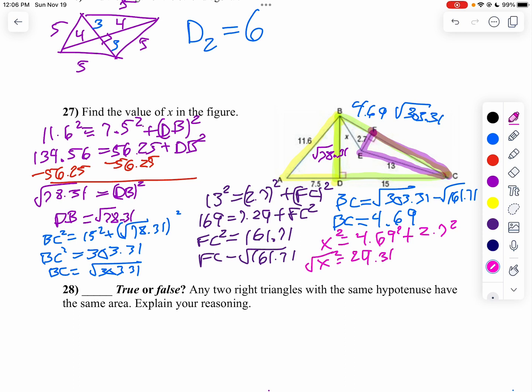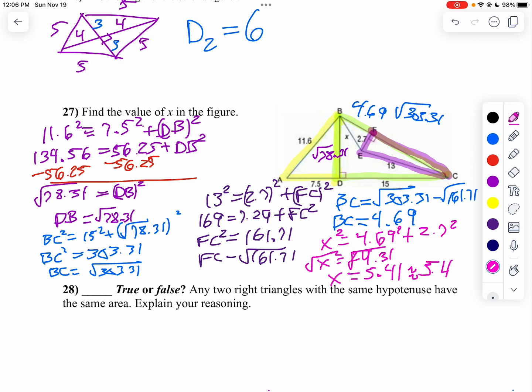And then we take the square root and we get 5.41 is approximately what x is. And since it will be rounded to the nearest tenth, I'll say it's about 5.4.